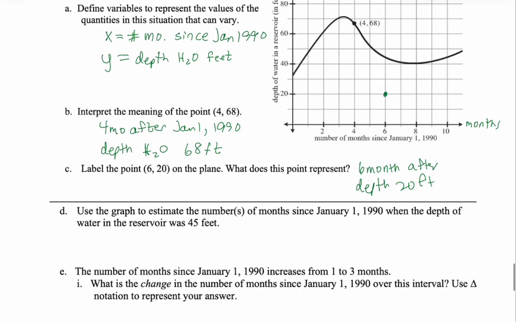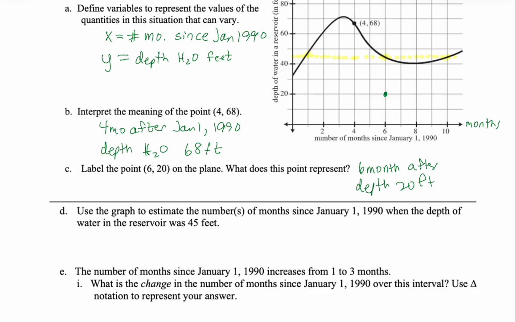Okay. Now, let's go to D. It says use the graph to estimate the number of months since January 1st, 1990, when the depth of the water is 45 feet. So what I would suggest doing, find 45, and I kind of think we have 3 times that that's happened.